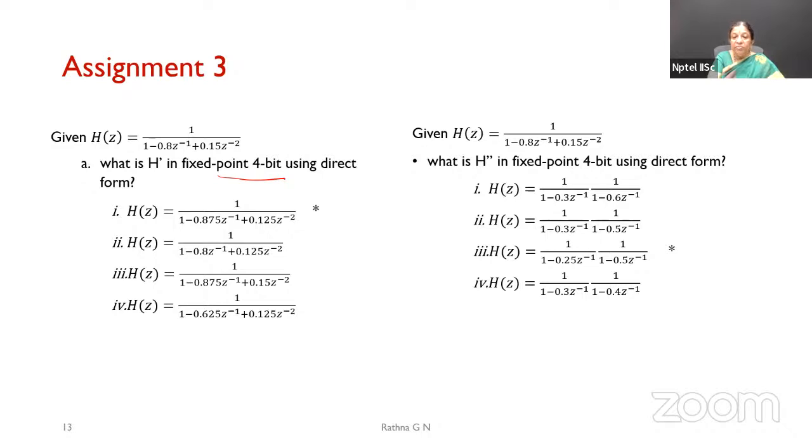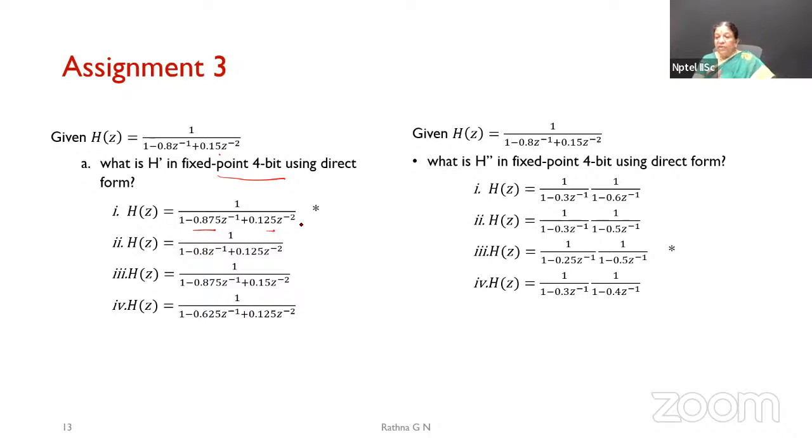So when I represent these values to the nearest value, 0.8 can be represented as 0.875, and 0.15 I can represent as 0.125. I have taken a little more here, and a little less there. Next one will be 0.25, which is much more. So the nearest, we have taken, trying to match at least with the first number. Here also we are trying to match. So this is the correct answer.